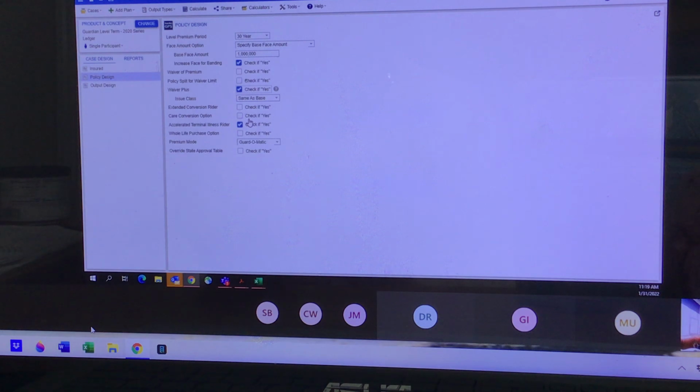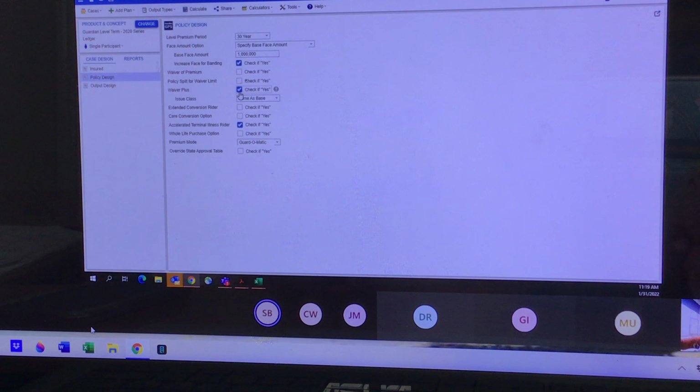We have a ton of different riders on there. We have a ton of different ways for the client to really make the contract their own based on their objectives. My objectives are going to be different than yours, and these riders allow us to sort of hone in more on what our objectives are and make the policy our own.